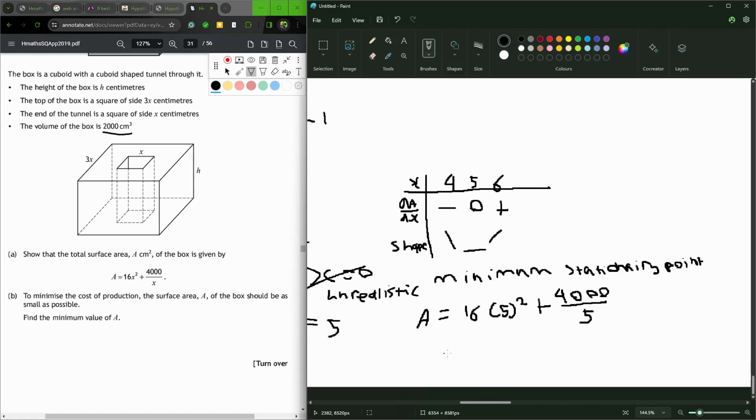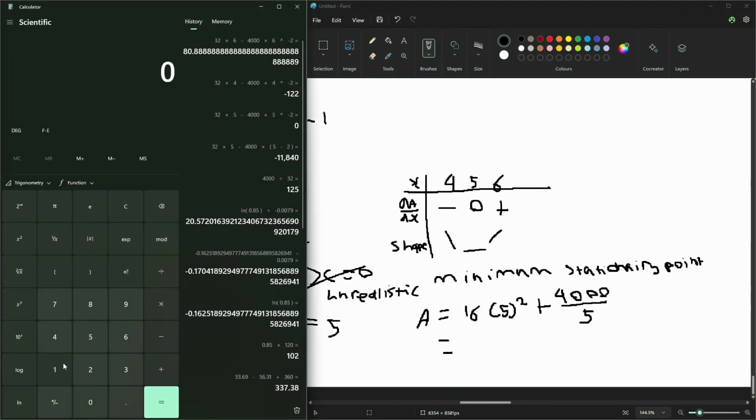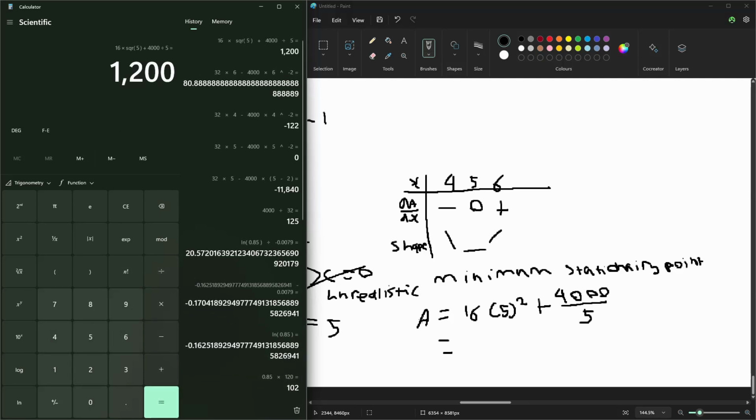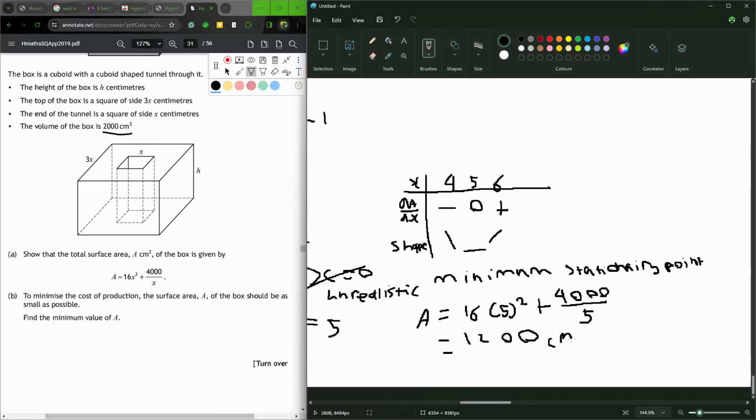So we can just shove this into our calculator, can't we? 16 times 5 squared plus 4,000 divided by 5. Well, we get 1,200. And then it'd be squared centimeters, sorry, talking about area, is our minimum value.